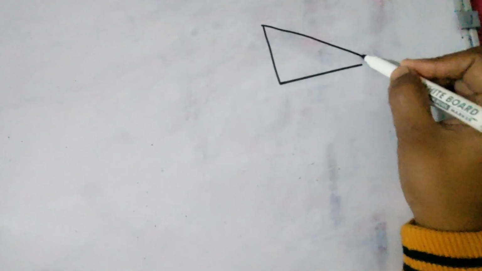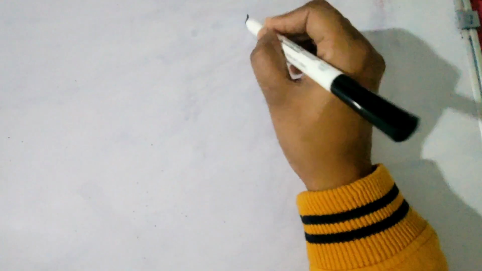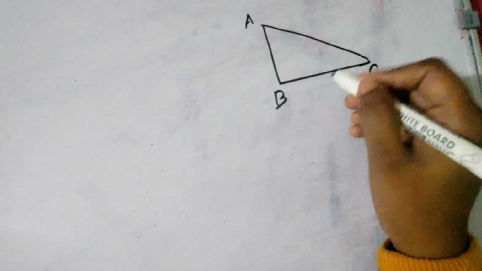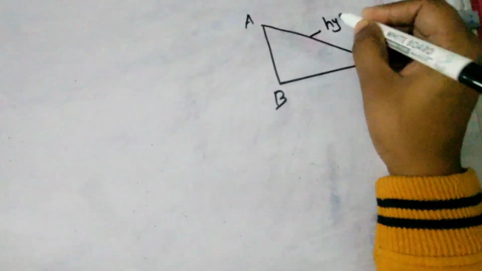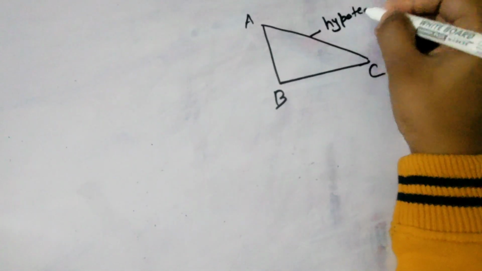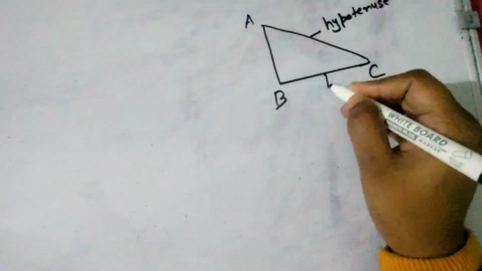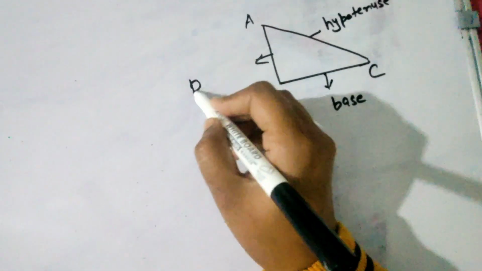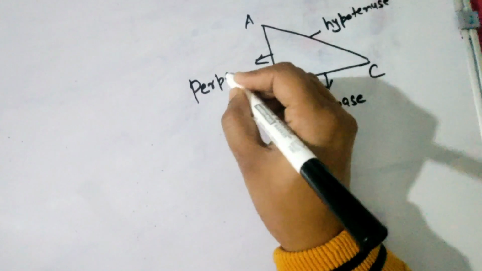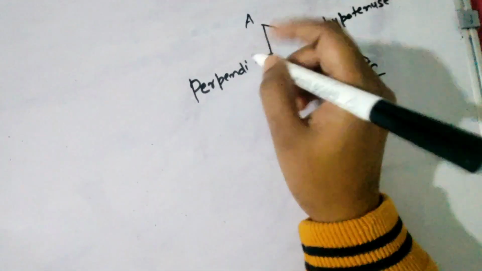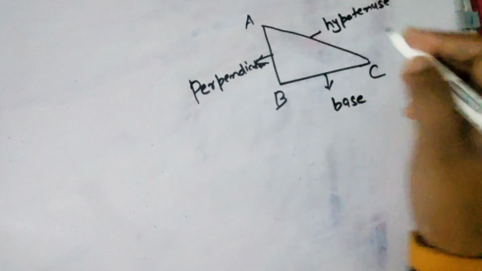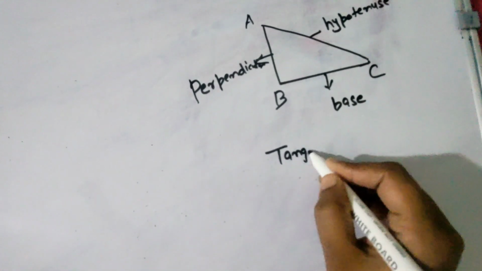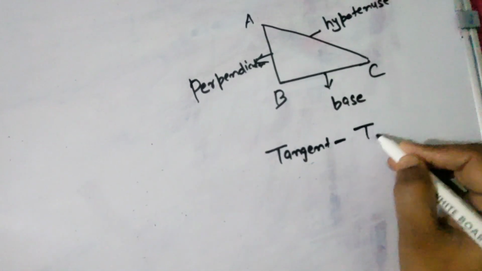Next go for tan. Again you draw one right angle triangle A, B, C. Okay. Here hypotenuse, and this is the base and this is the perpendicular. And this I have to find out, tangent. Tangent short form is tan.